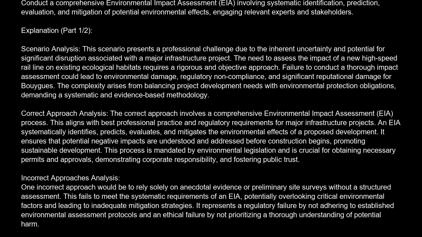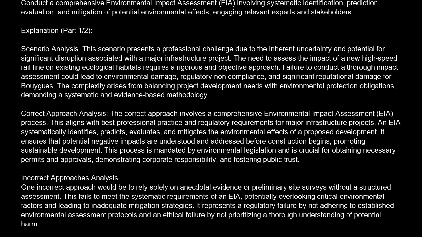The need to assess the impact of a new high-speed rail line on existing ecological habitats requires a rigorous and objective approach. Failure to conduct a thorough impact assessment could lead to environmental damage, regulatory noncompliance, and significant reputational damage for Bouygues. The complexity arises from balancing project development needs with environmental protection obligations, demanding a systematic and evidence-based methodology.